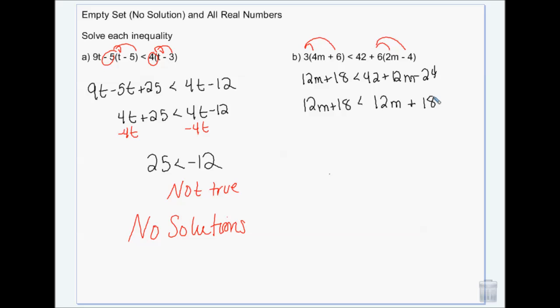This is also not true. Okay, this is a typo, I'm sorry. That should be a less than or equal to, so if you could just fix that. So if I subtract 12m from both sides, I get 18 is less than or equal to 18. This is true. So it's all real numbers.